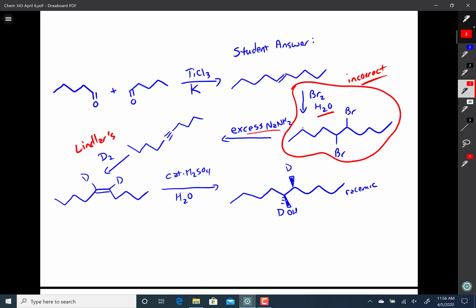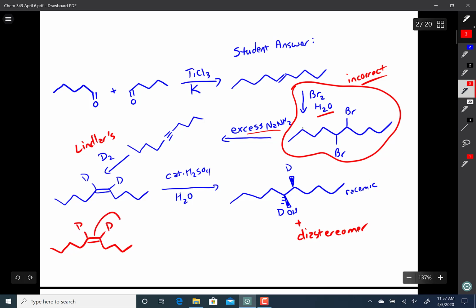Actually, the main reason is you get the diastereomer. Unlike hydroboration, this doesn't have any control. The mechanism of this reaction is to protonate the alkene to give the more stable carbocation.